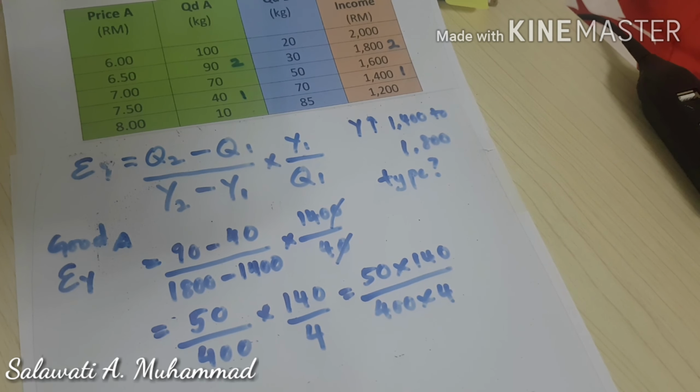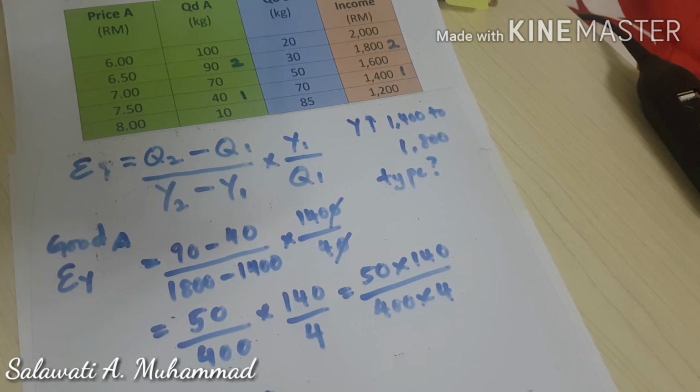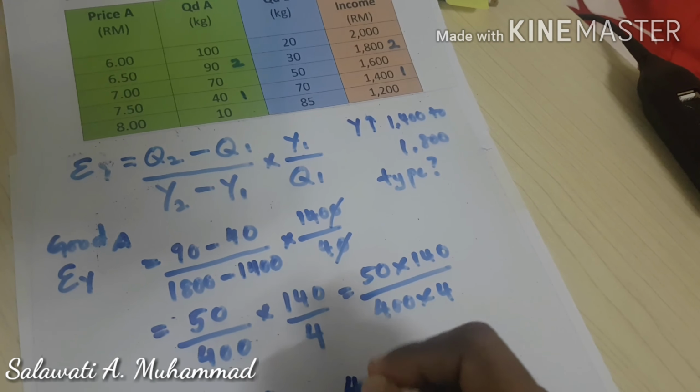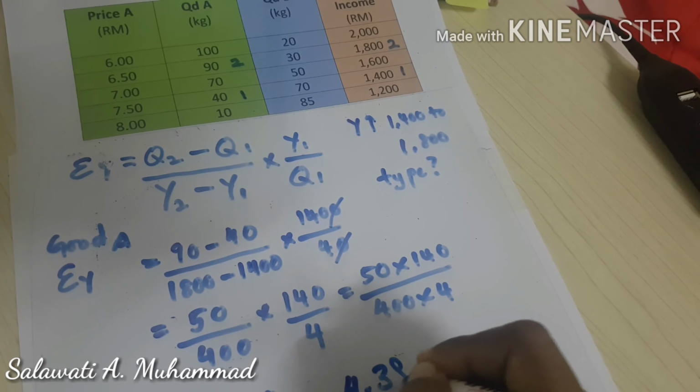Use your calculator. We got 7,000 over 400 times 4, which is 1,600. So 7,000 divided by 1,600, we got 4.38.